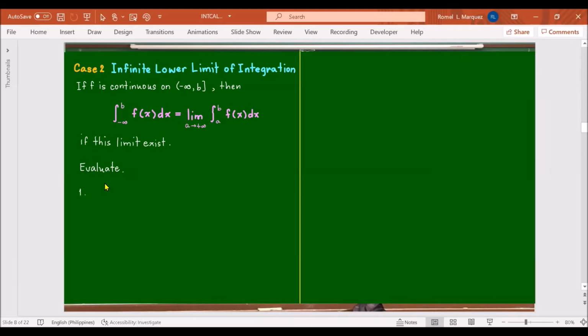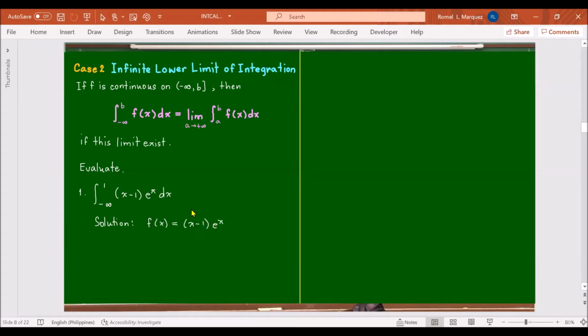So let us have the following example. Evaluate the improper integral from negative infinity to 1 of (x minus 1) times e to the x dx. Here our f of x is equal to (x minus 1) e to the x.